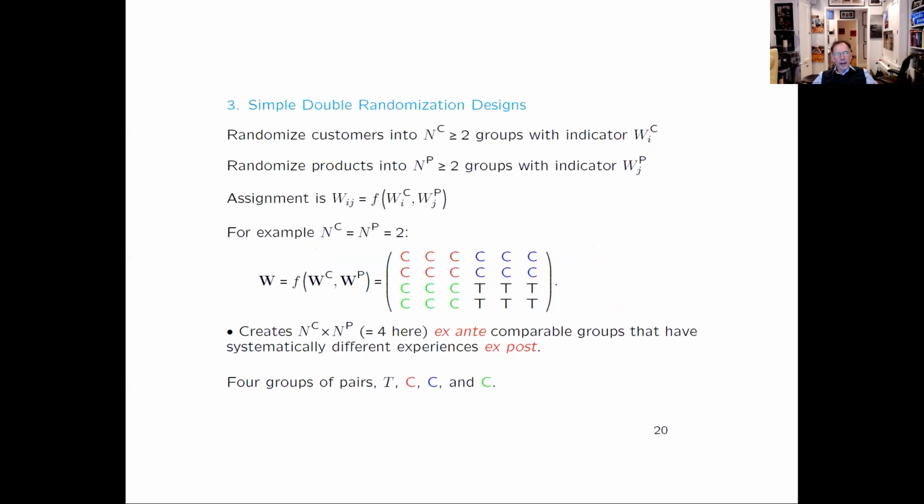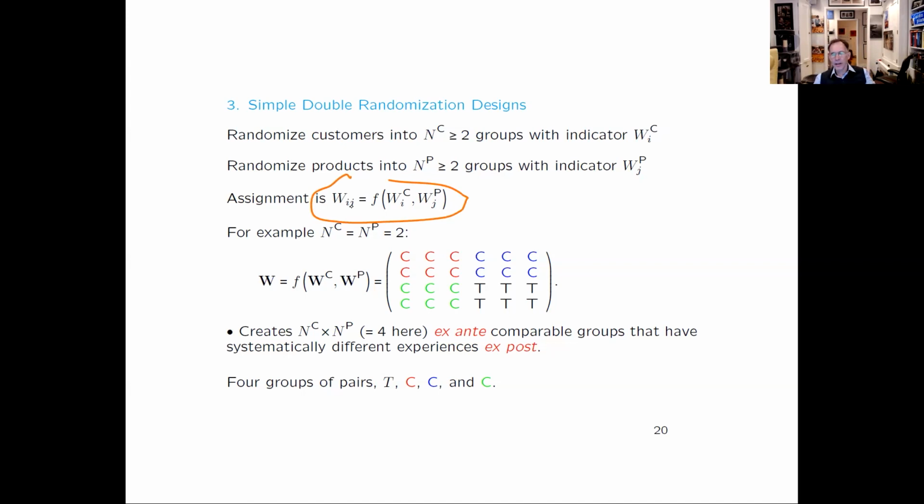Now let me get to the more interesting designs. So here, what we refer to as this class of simple double randomization designs is one where we first randomize the customers into 2 or more groups. We randomize the products into 2 or more groups, and then we assign the units to the treatment as a function of these 2 randomized assignments.